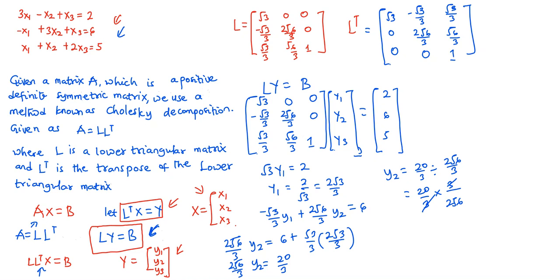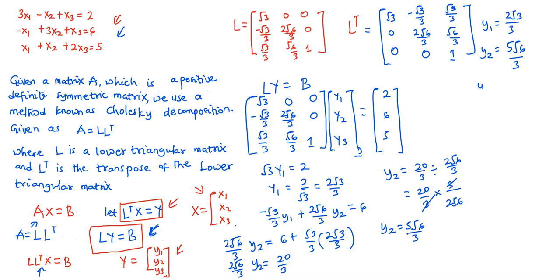This gives us y2 equal to 5 root 6 divided by 3. Now let me write y1 here. We have y1 equal to 2 root 3 on 3, and y2 equal to 5 root 6 on 3.